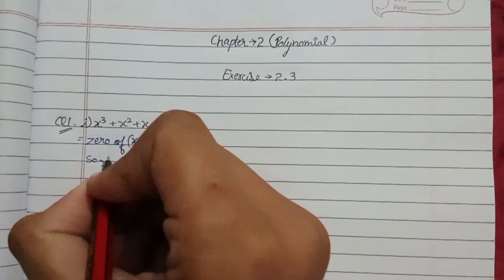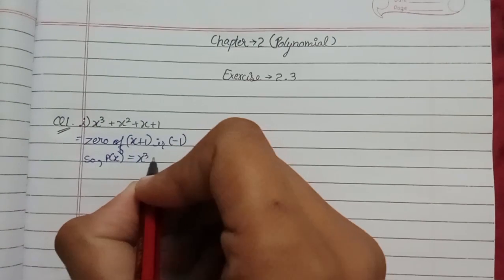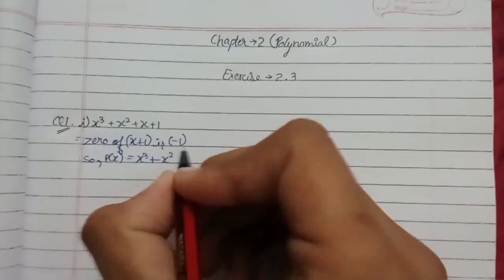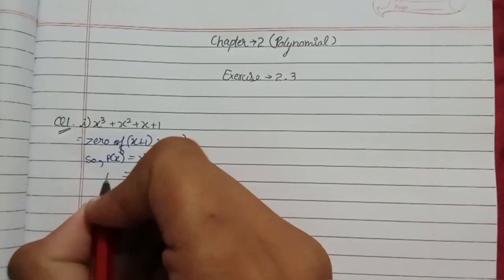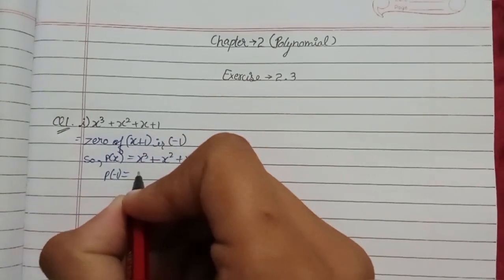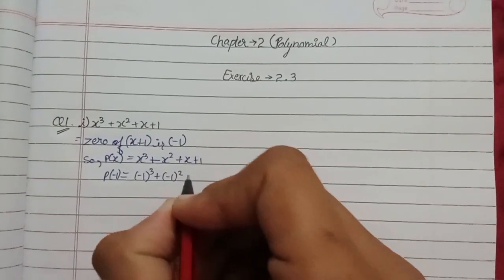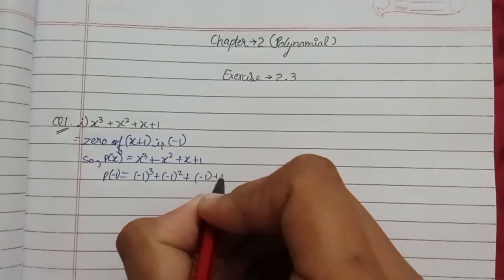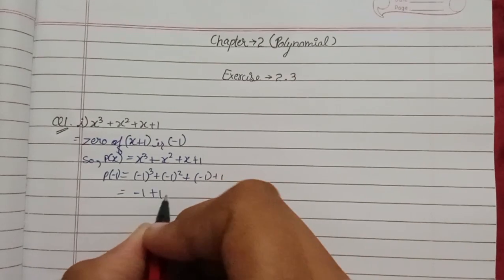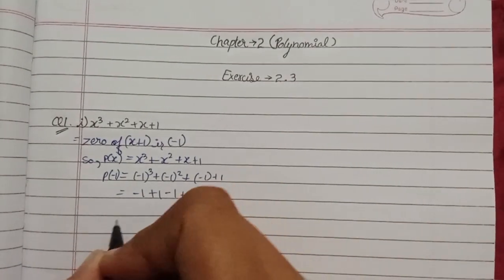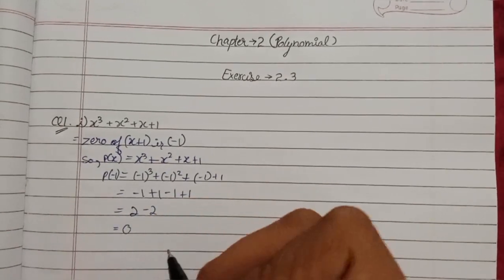So p of x equals x cube plus x square plus x plus 1, which is equal to p of minus 1 equals minus 1 cube plus minus 1 square plus minus 1 plus 1, which is equal to minus 1 plus 1 minus 1 plus 1. Now we will write 2 minus 2, which is equal to 0.